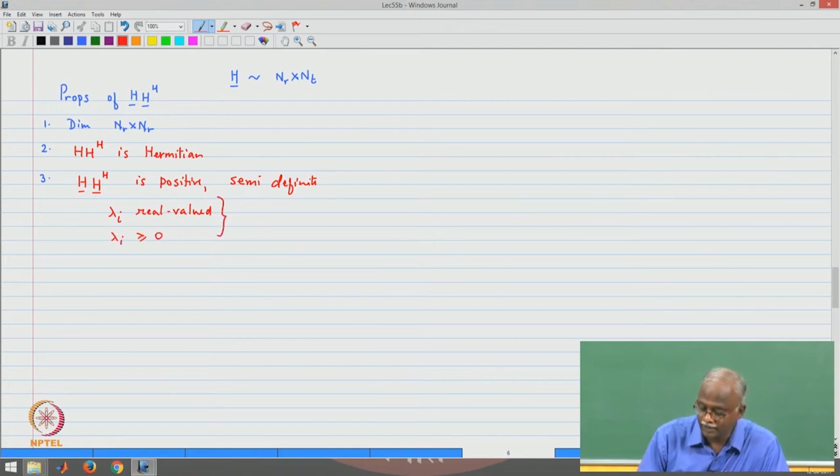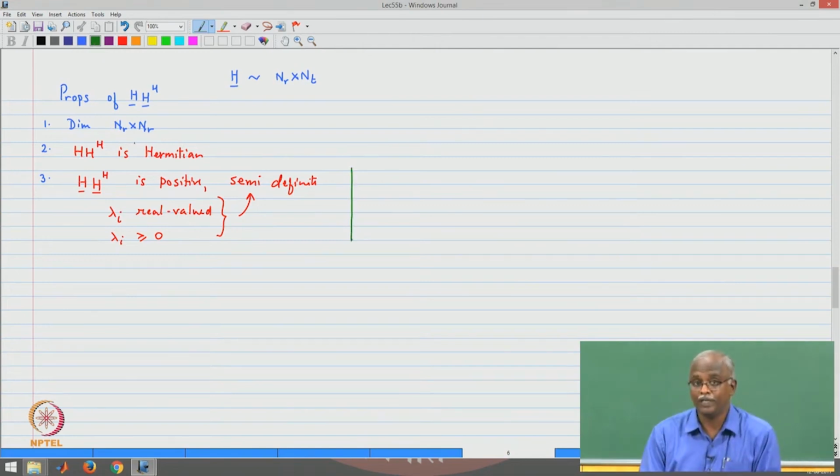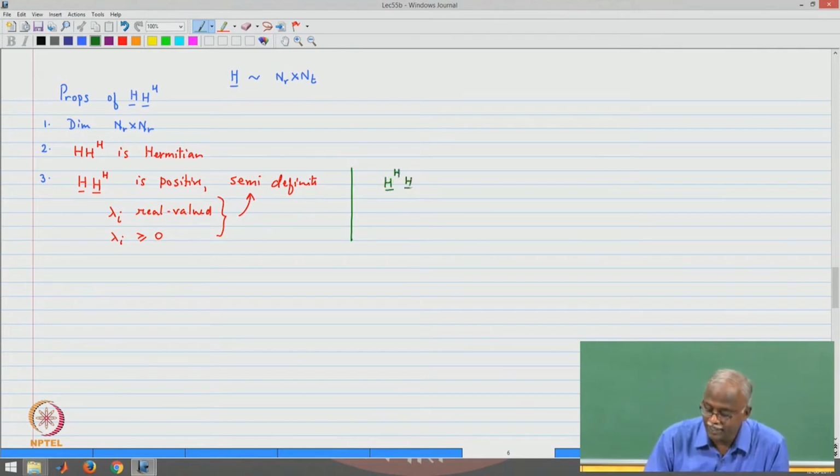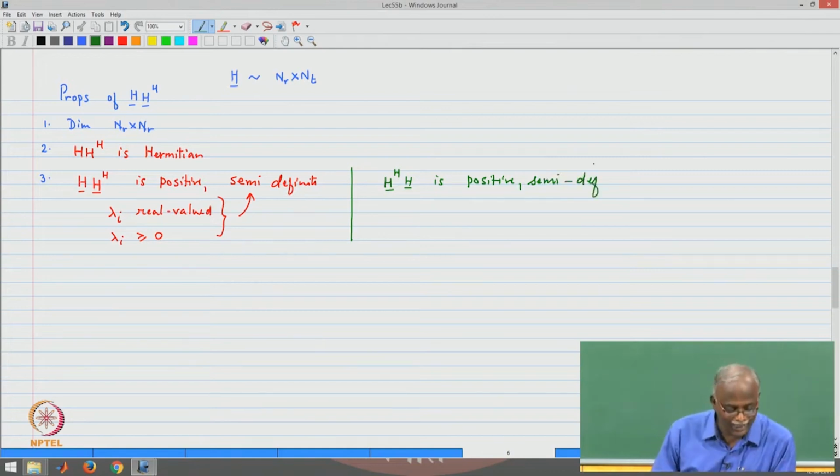These two properties are reflected by a positive semi-definite matrix. Now, using the same reasoning as we used to show the positive semi-definite property of H H Hermitian, we can also say that H Hermitian H is also positive semi-definite. Again, these are useful properties when we go into the analysis.